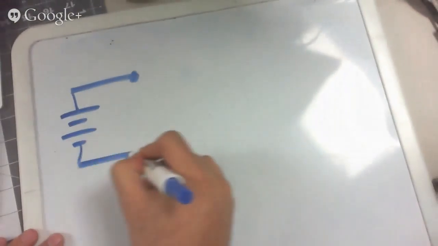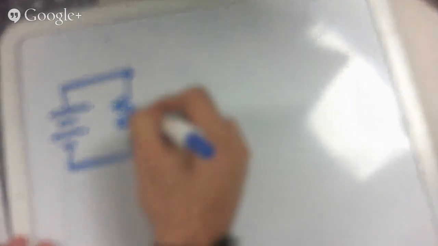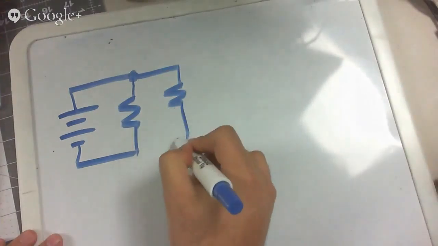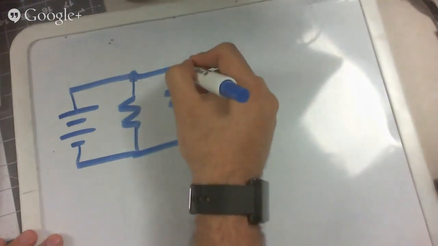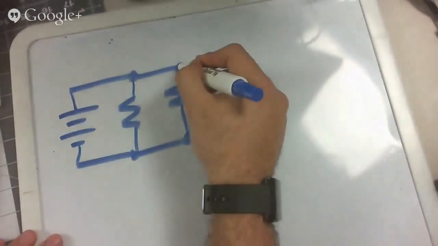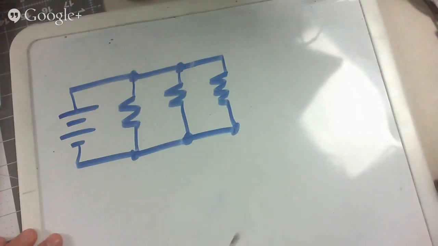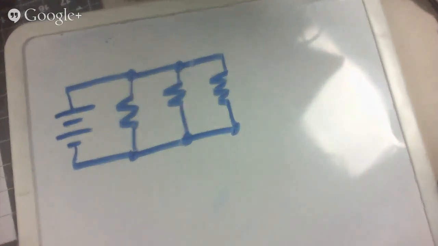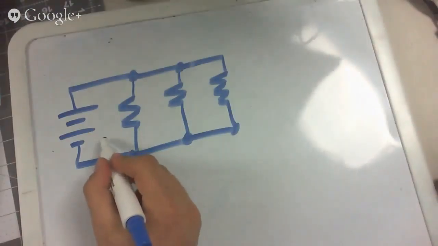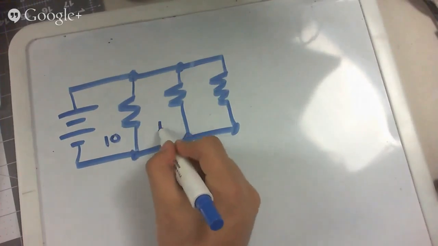Now, say you wanted to lower the equivalent resistance. You can also arrange your resistors in what's called a parallel configuration. Let's assume, just for the sake of argument, these are all 10 ohm resistors.